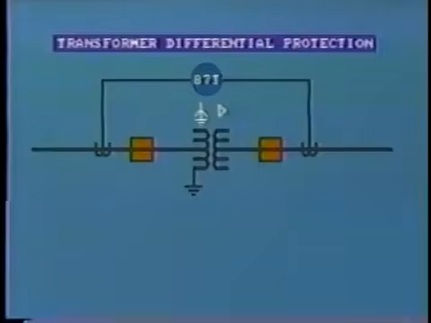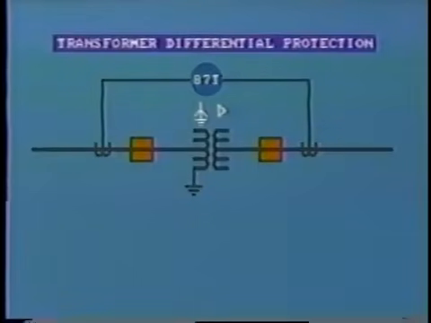You'll remember that we discussed differential relays in some detail in earlier tapes, including the function of restraint coils. We also studied the application of differential protection to generators. Generally speaking, differential protection is applied to all transformers of 10 MVA and above, and also on smaller transformers where they provide an important function in the system.